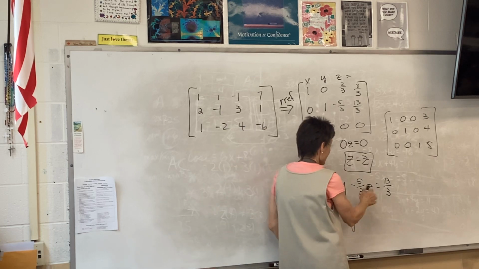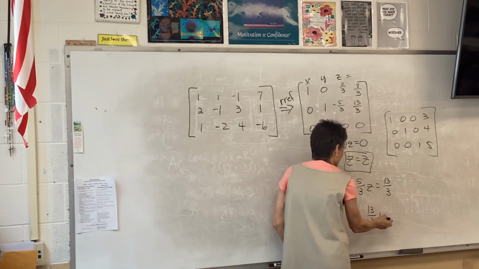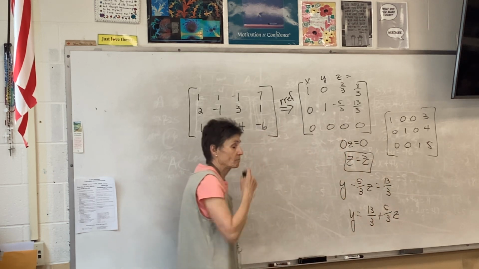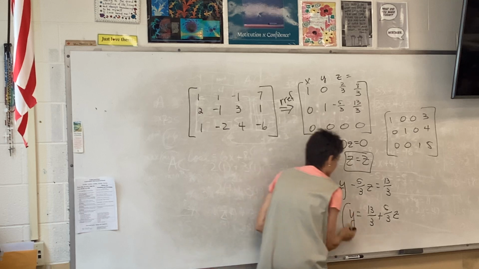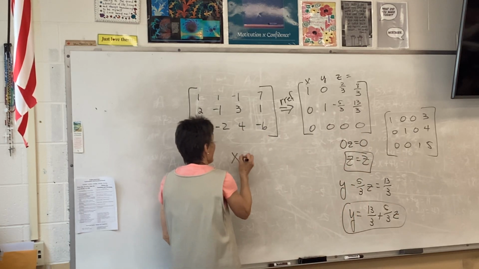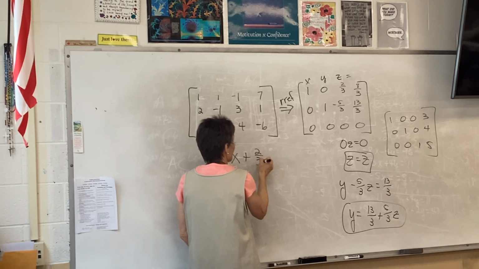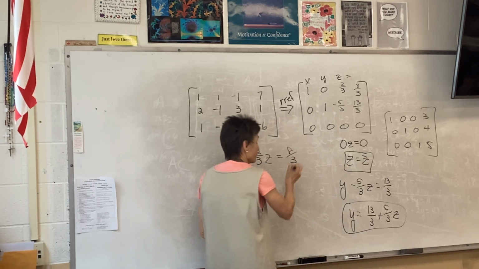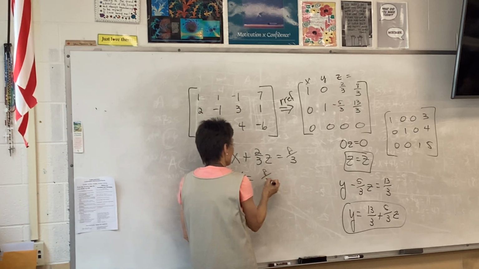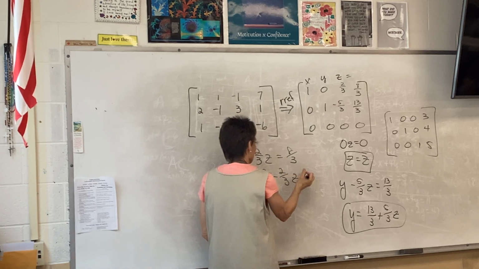So y is going to equal 13/3 plus 5/3 z. And then the top row says x plus 2/3 z equals 8/3. So x equals 8/3 minus 2/3 z.